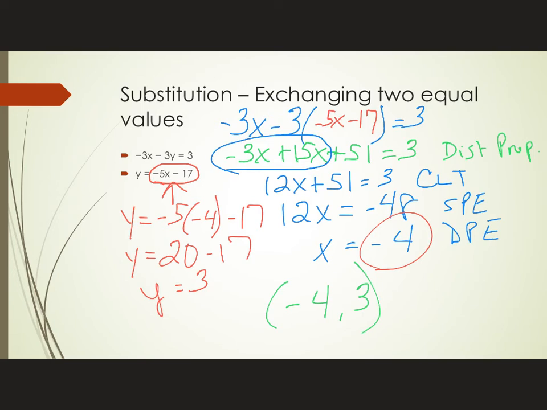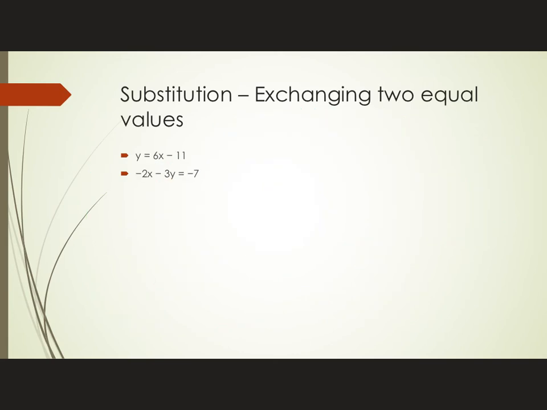And I could check this by taking these answers and putting them back into this top equation and checking it. Very quick way to check it. Let's do one more problem, just as practice, then you guys are going to go on to your classwork. Final one. Once again, I have a value here, this time for y. So I'm putting it in.